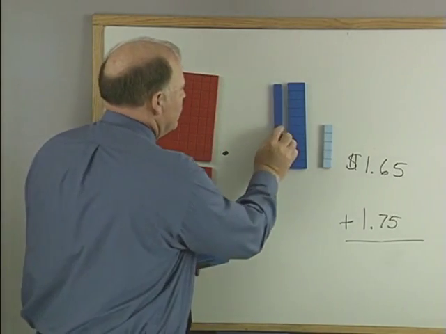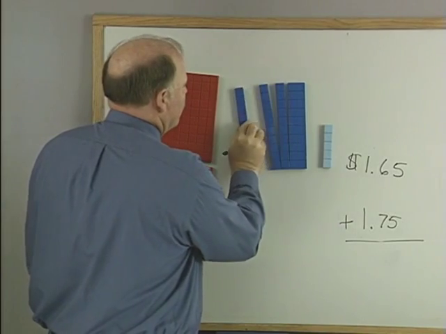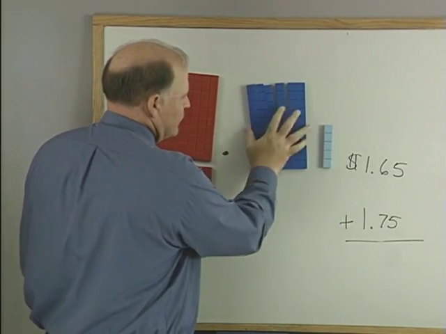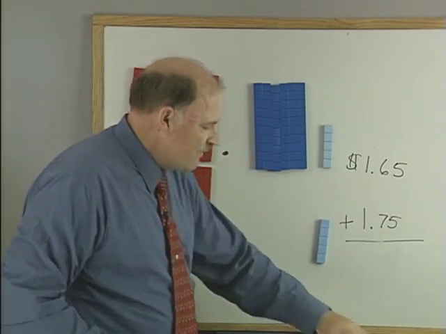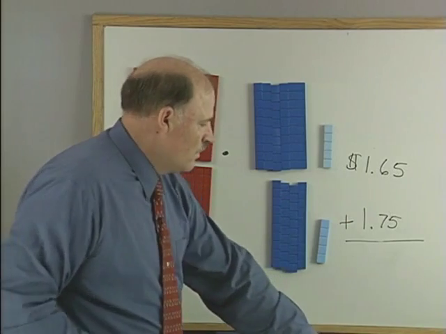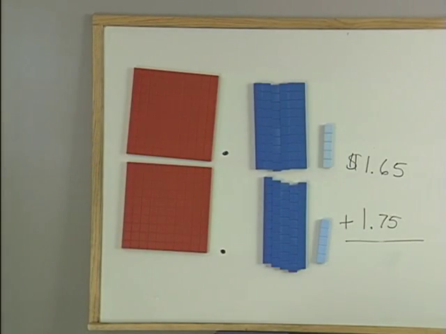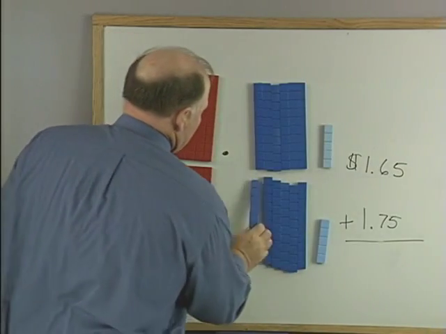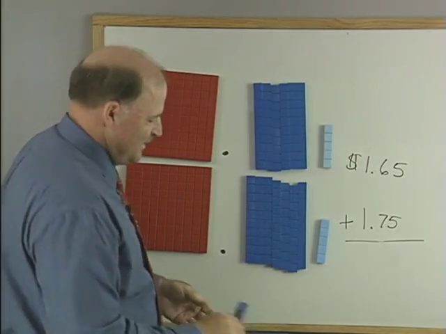Okay, so let's pull all these out here. 1, 2, 3, 4, 5, 6. Now I need another nickel down here. And I need 70 cents. 1, 2, 3, 4, 5, 6, 7.